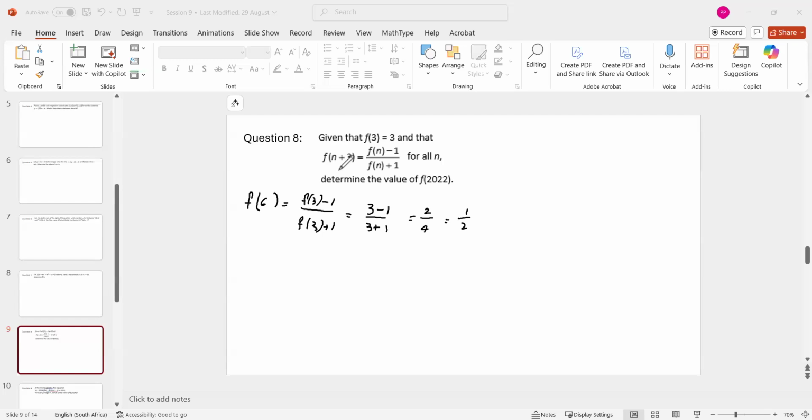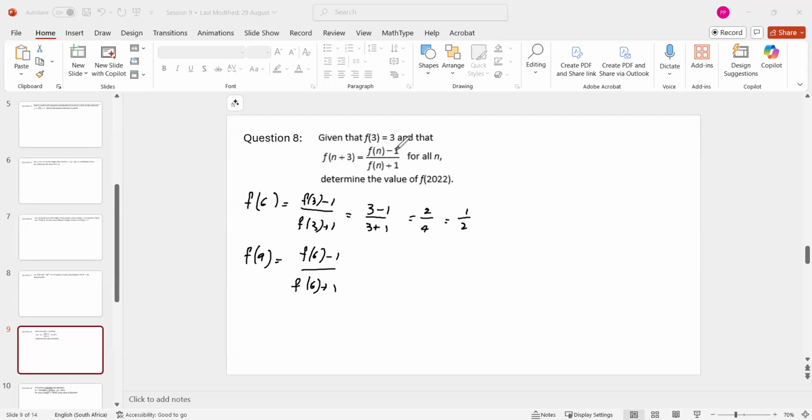So now I know f of 3, and I know f of 6. So I can calculate f of 9 now, because this is 3 plus 6, you see, 6 plus 3. So I can put 6 into this equation. I could put n equals 6, then I'll have 9 here, f of 9.